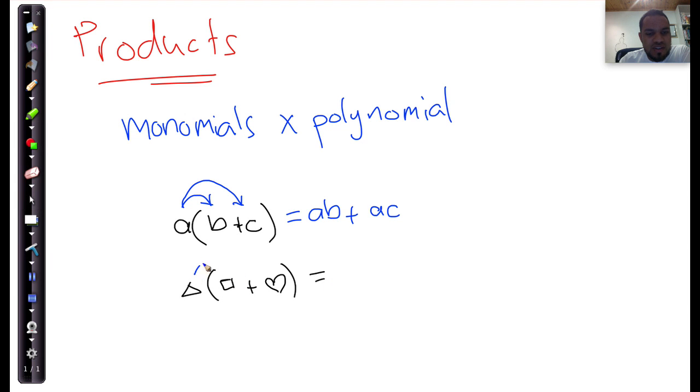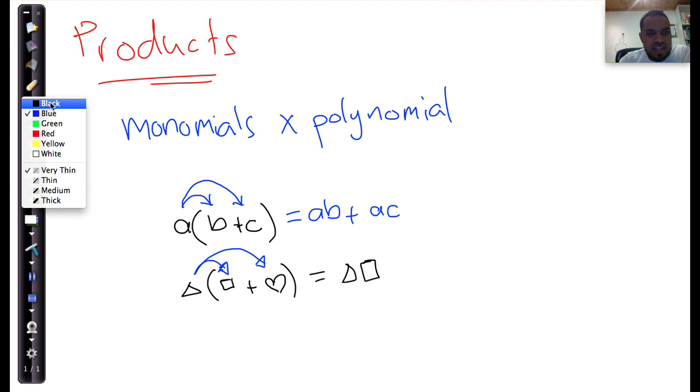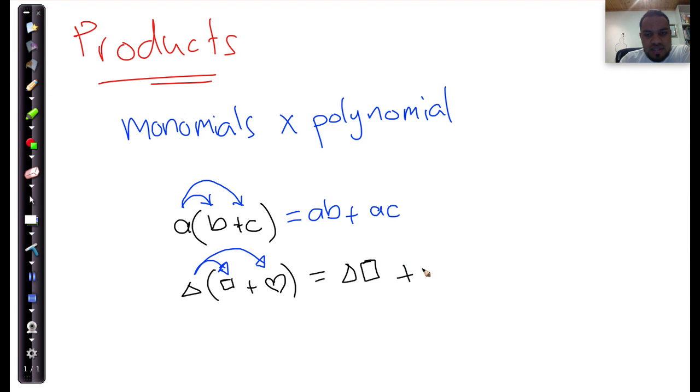I say triangle multiplied by square, and then we multiply out the signs, and then I get plus triangle multiplied by heart, and there we go.